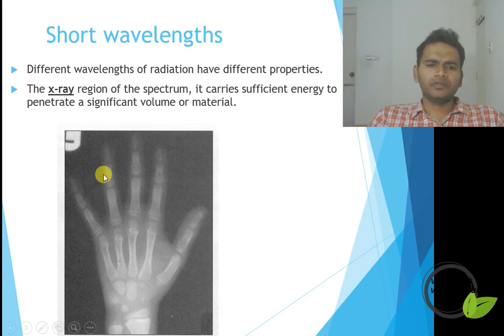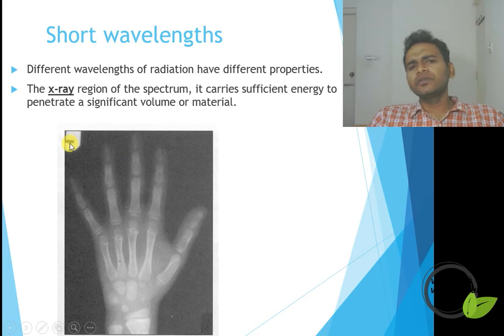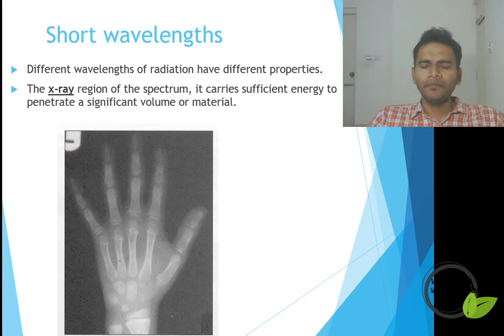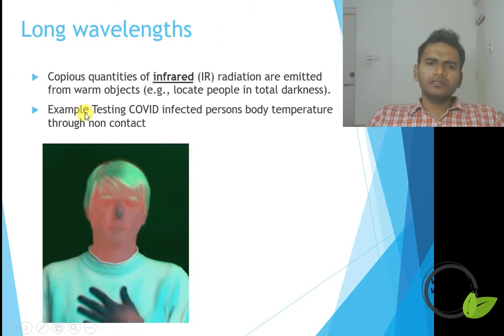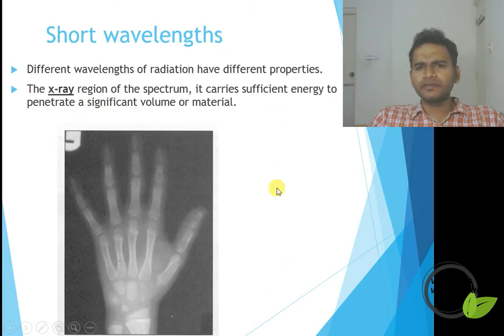Here there's one typical X-ray that is present, of a hand, so you can visualize any distortion that happens in the bones, let it be a breakage or a hairline breakage, etc. It can penetrate a significant volume of material, especially soft tissues, which is the fundamental thing in an X-ray based technique. So this you can apply in cases like detection, like a bomb squad detection robot.